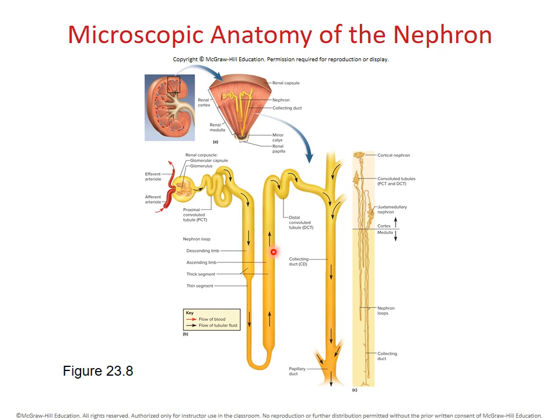And notice the loop of Henle has thick and thin segments, the thick segment forming the beginning of the descent or the top of the descending loop and almost all of the ascending portion or limb. The thin segment forms the lower part of the descending limb and the U-turn that takes place.